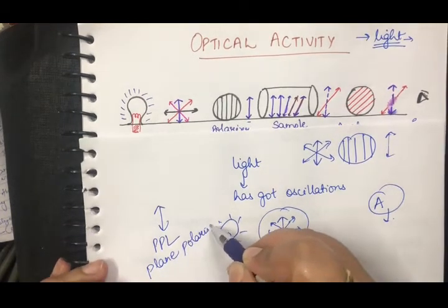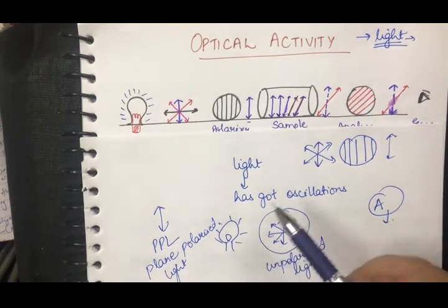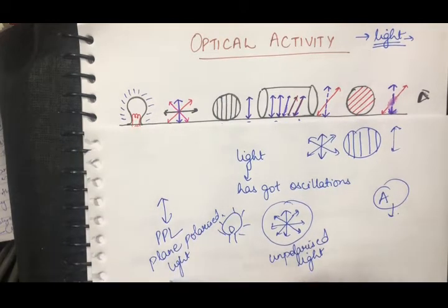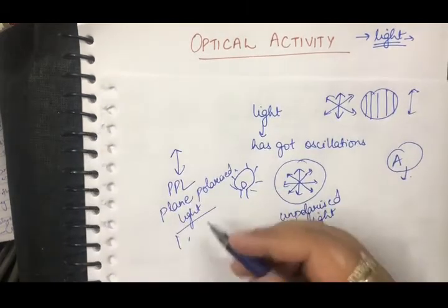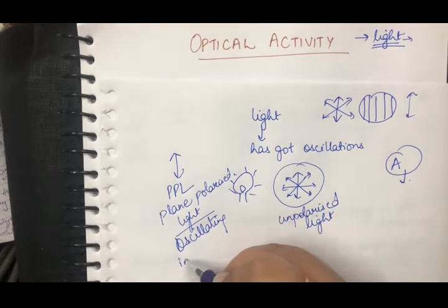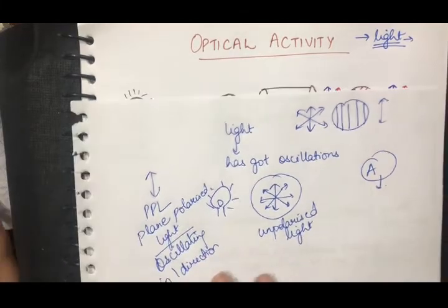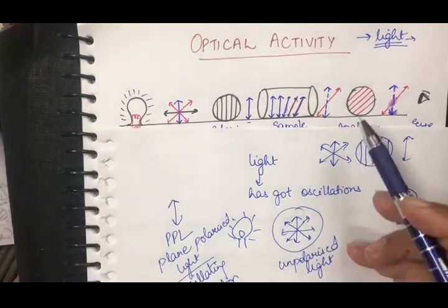It is polarized in only one plane, right? So the light waves are oscillating in only one direction. Now when you passed it through the tube, it has got a little tilted.